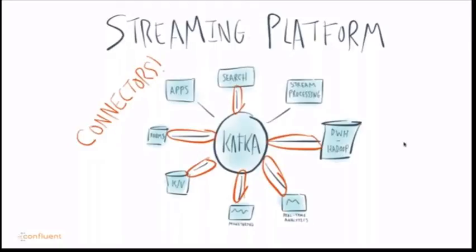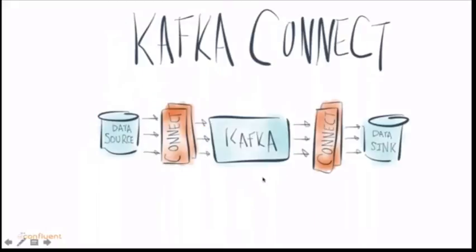And for this, Kafka has what's called the Connect API, and you build what's called a connector. And you can build a connector that is totally off the shelf. So you can build a connector for a relational database, which is reusable. And that's what this Connect system does. So you have the concept of a data source, which can be an application or any type of data system. And Connect will allow you to run a connector which continuously reads data into Kafka and publishes it to a Kafka topic.